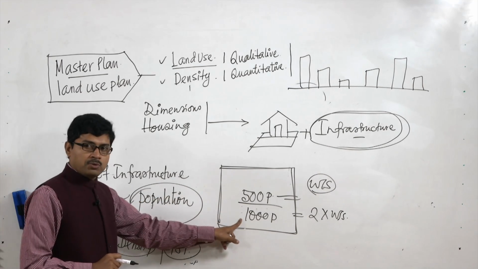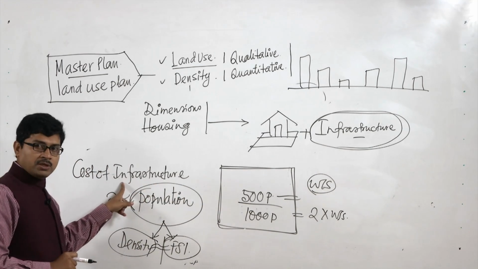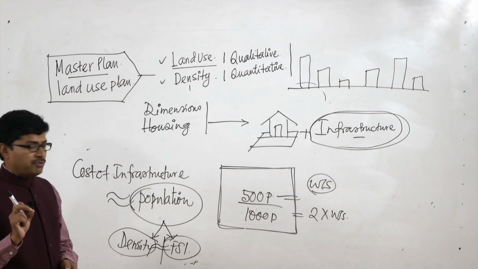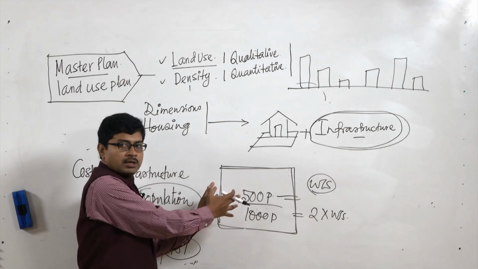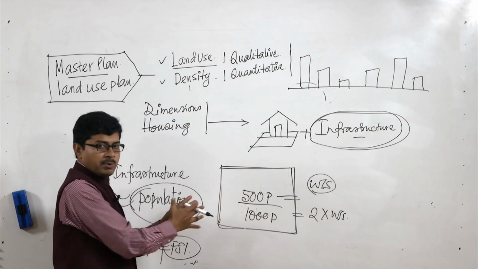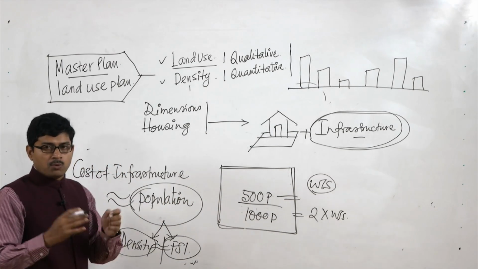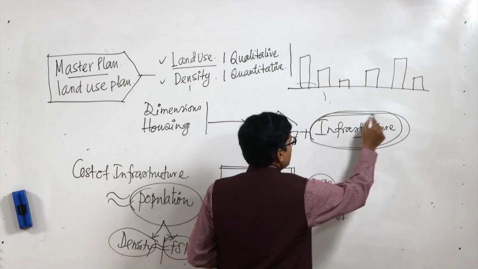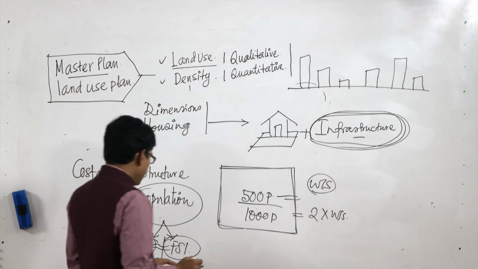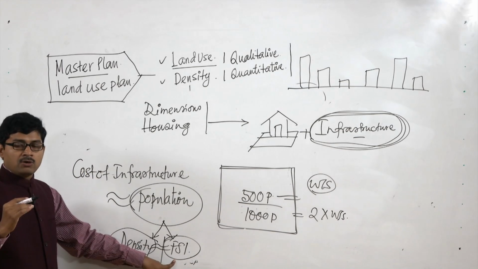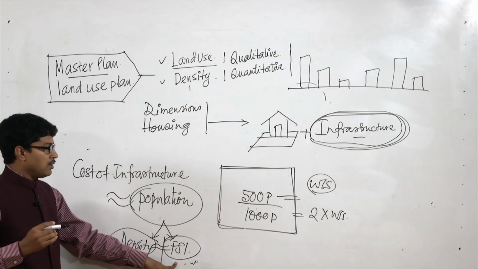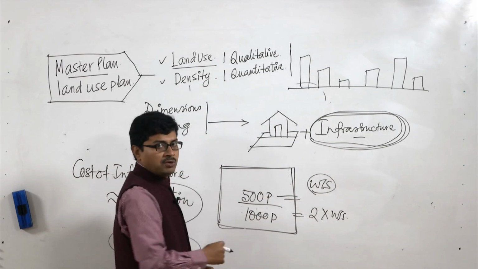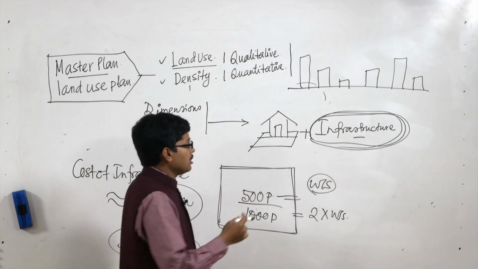More compact development will increase the total cost of infrastructure as well, but it will reduce the unit cost of infrastructure, because most of the cost for the land will be distributed or shared by more people. That is the reason. So here infrastructure plays a huge role in determining the FSI. There is a limitation or extent beyond which we cannot increase the infrastructure, because within a given plot that infrastructure may not be technically feasible. So there is a threshold.